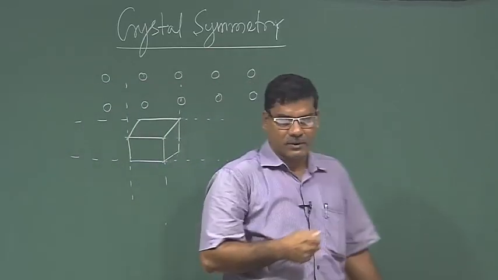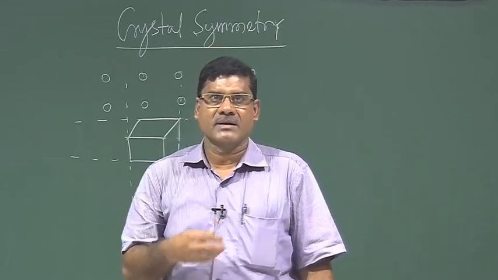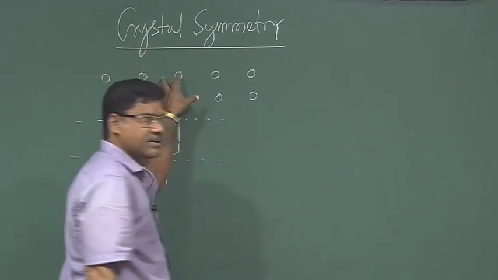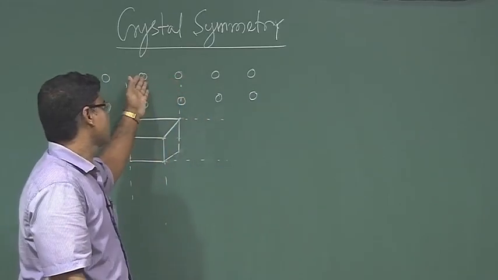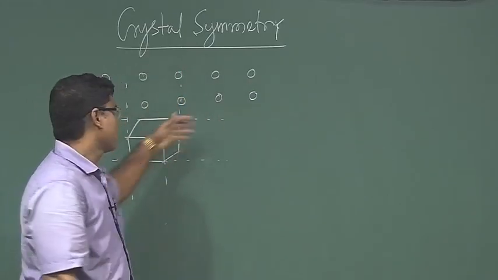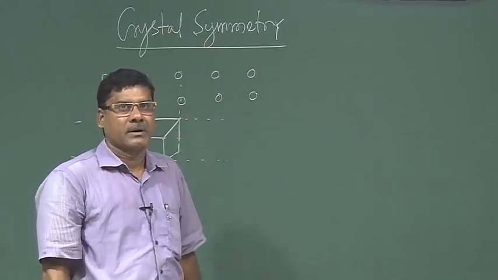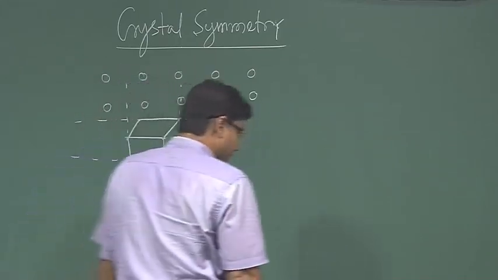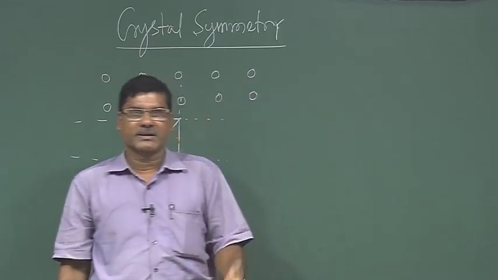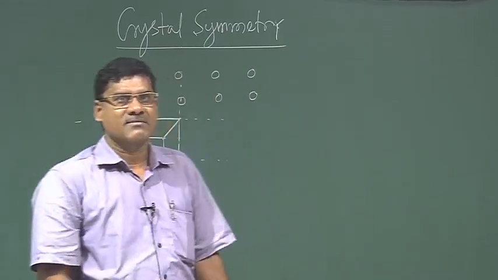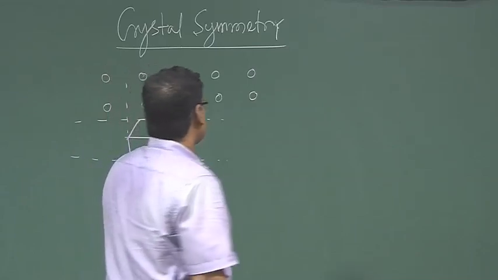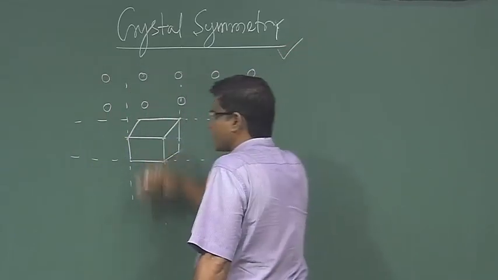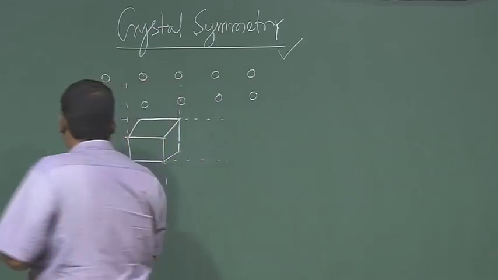What I want to say is that a crystal has a periodic nature either in terms of lattice points or in terms of the unit cell. Whenever any system is periodic in nature, it has some symmetry. So, a crystal also has symmetry because of this periodic nature.